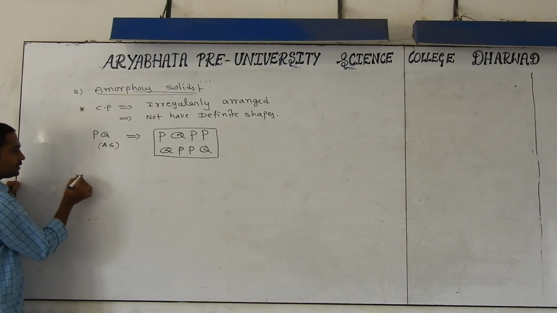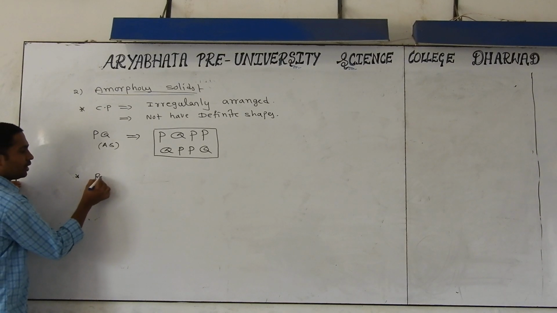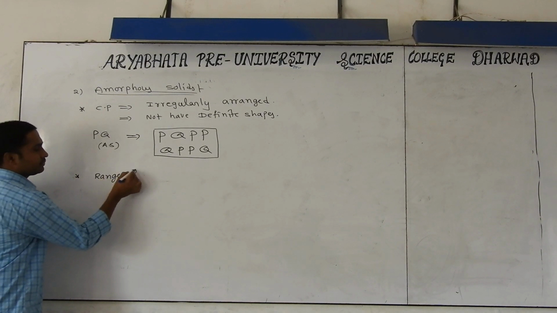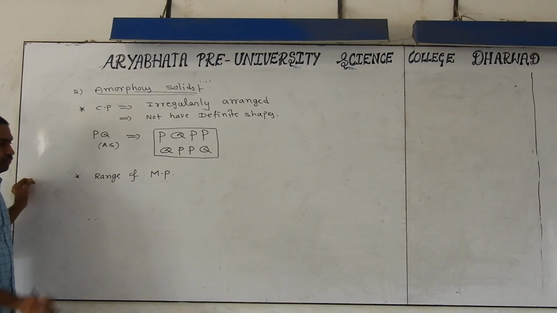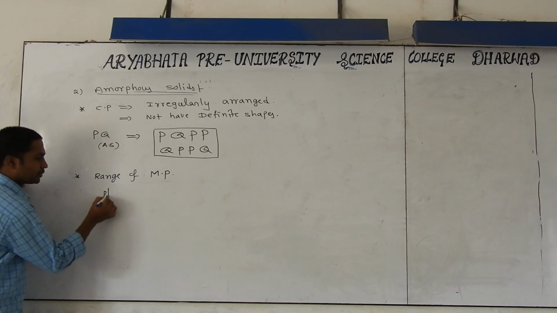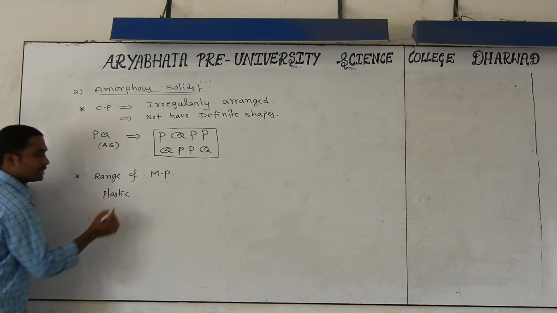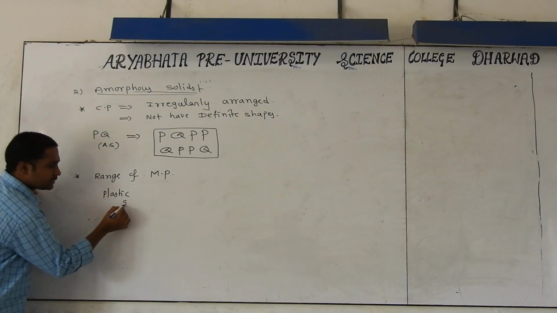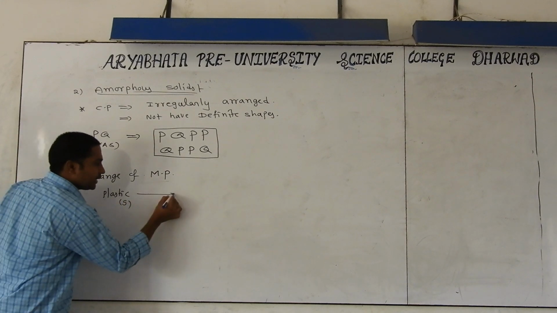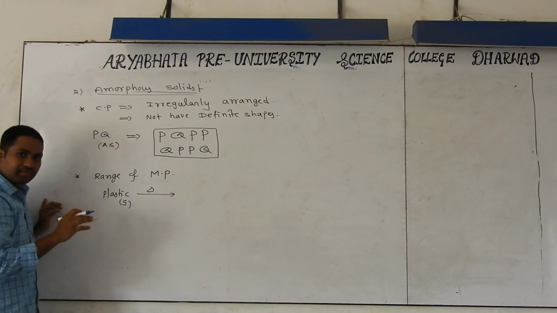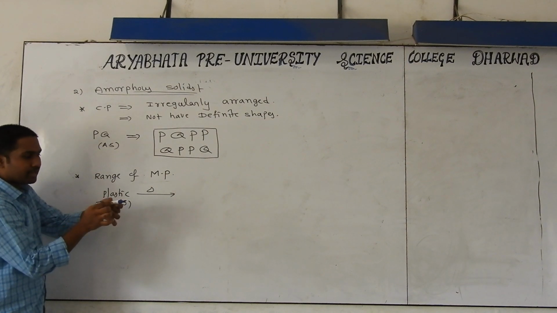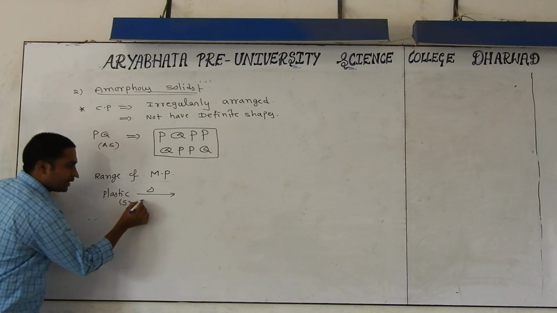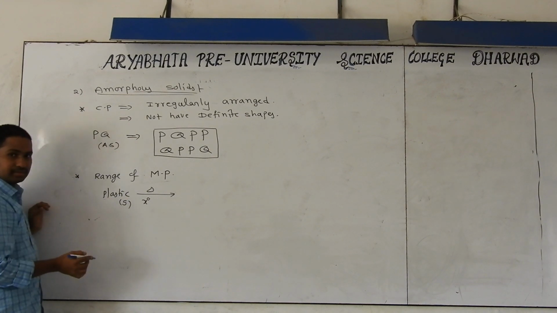If you take solids like these, we have a range of melting point. What is the meaning of range of melting point? For understanding, I am giving one example. Plastic is an amorphous solid. Actually, it is in the solid phase. You start heating. Is it converting suddenly into liquid? No. You take plastic, you start heating, and slowly it starts converting into liquid at X degree Celsius.